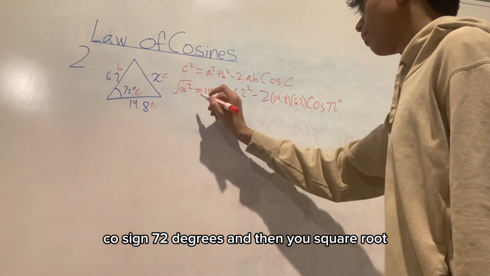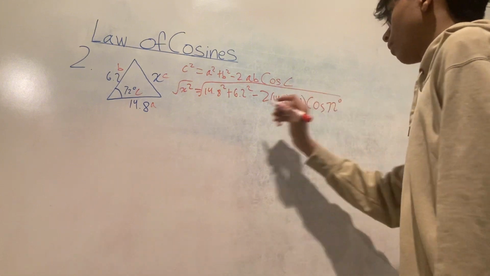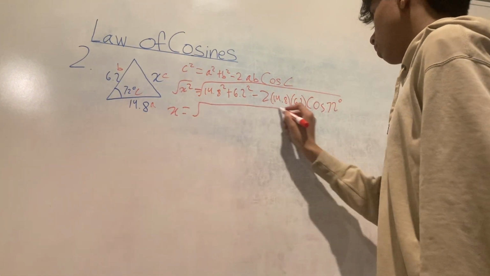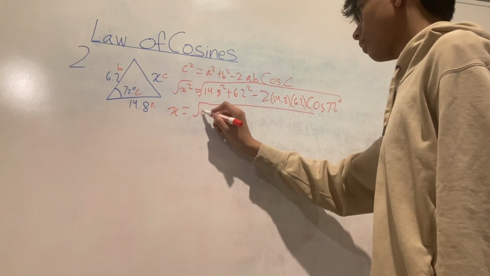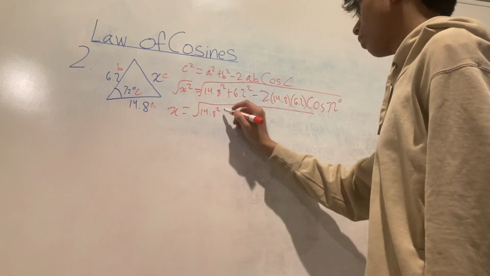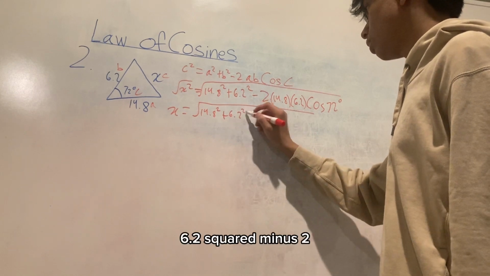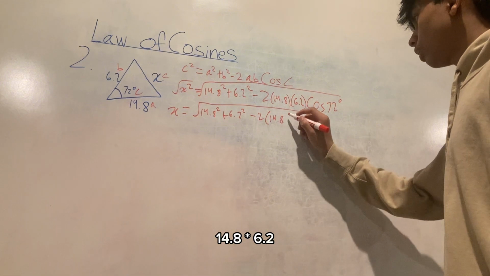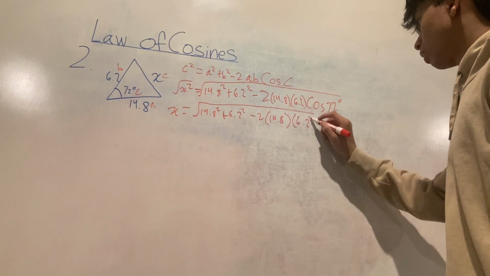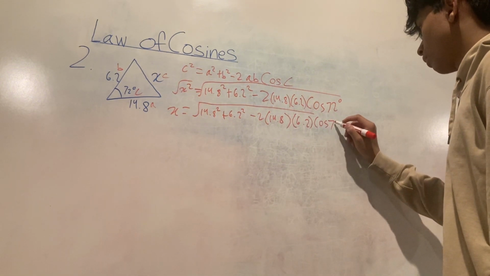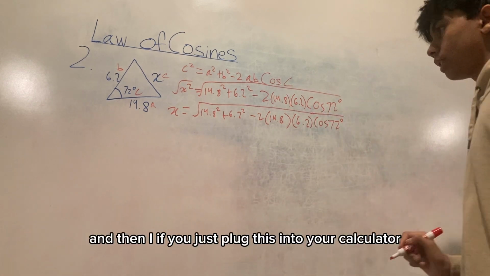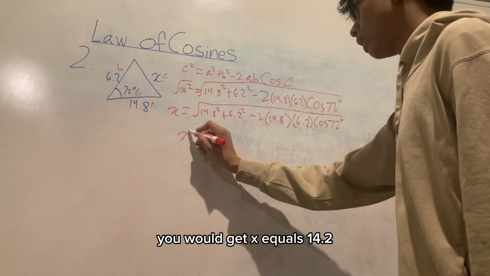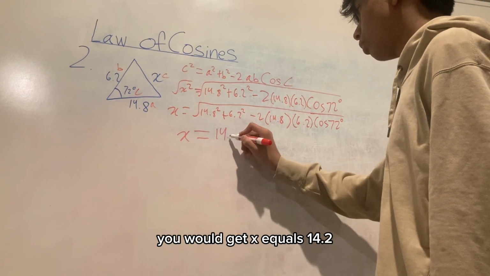And then you square root, and then you have x equals the same thing here. And then if you would just plug this into your calculator, you would get x equals 14.2.